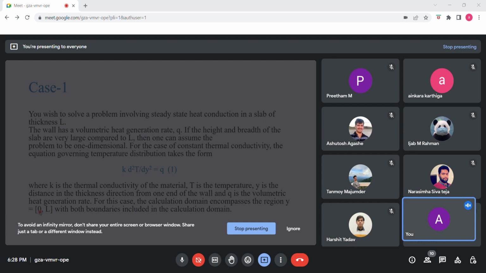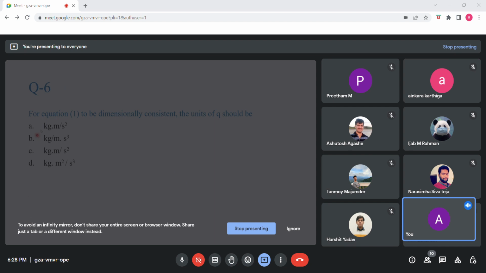So we'll see what questions can be framed from this case, and we'll solve a few of them. For equation 1 to be dimensionally consistent, what should be the units of K?